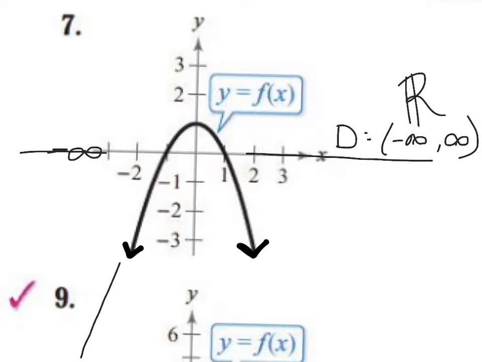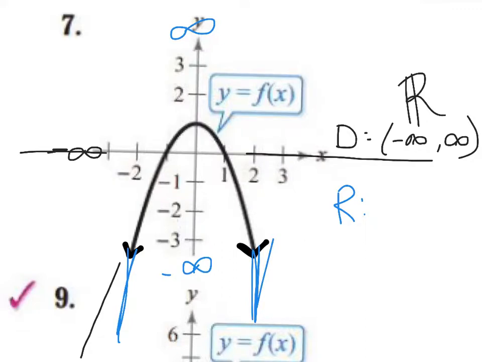So if I'm going to read the range, it is from where to where? What did I tell you? How do we read range? Lowest to highest, from bottom to top. So this is my negative infinity down here. This is my positive infinity. So look, this is continuing. It's starting down here. It's going up, up, up, and it stops. The graph does not get any higher at what point?